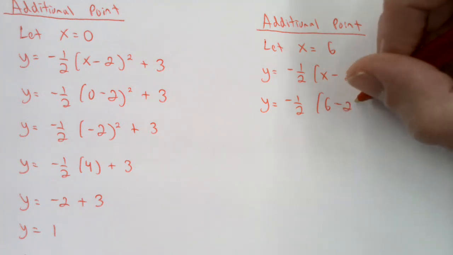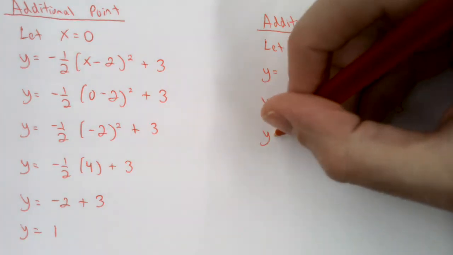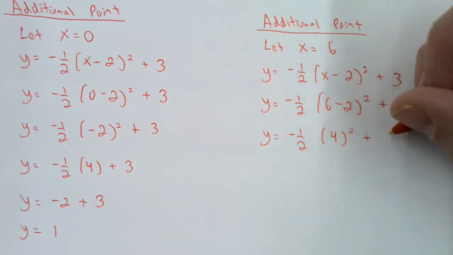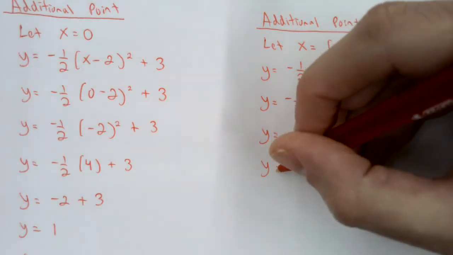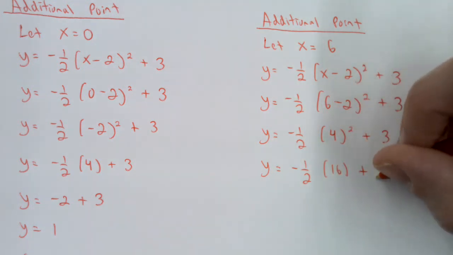X is 6. Parentheses next, 6 minus 2 in the parentheses equals 4. Next the exponents, 4 squared is 16, so negative 1/2 times 16. Again, I'm just doing one step at a time.